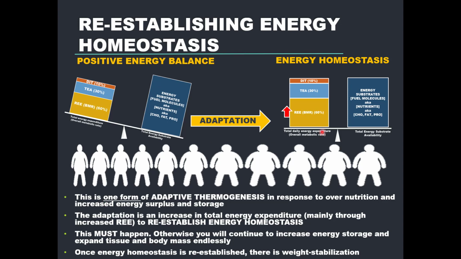It will do so by increasing resting energy needs or resting energy expenditure or basal metabolic rate. And thus total energy expenditure would be increased. This adaptation is referred to as adaptive thermogenesis. It is one form of adaptive thermogenesis.